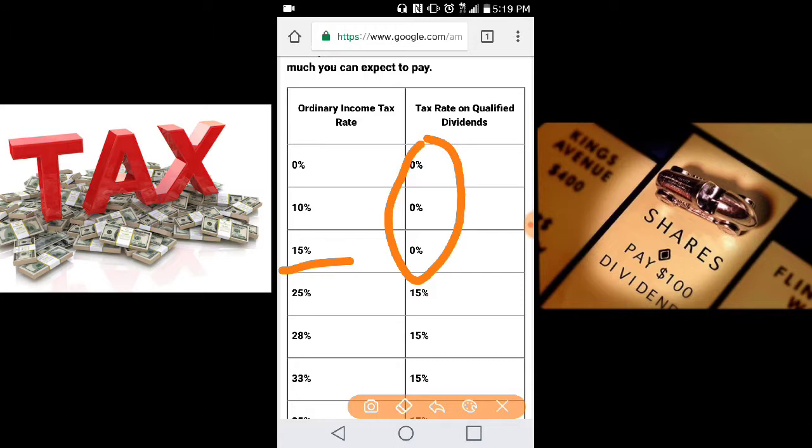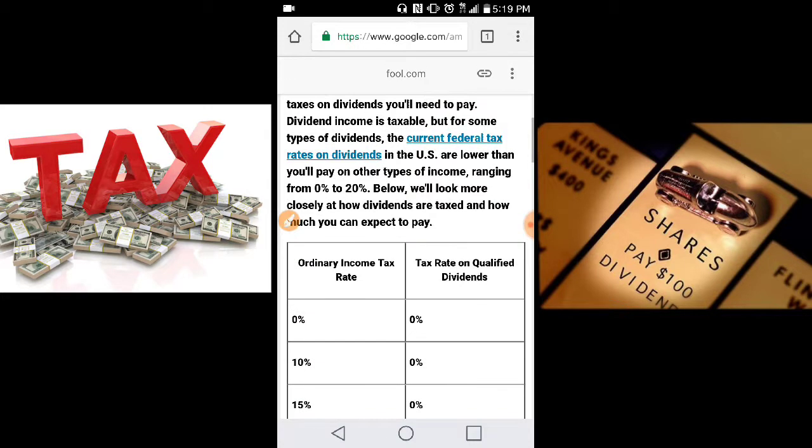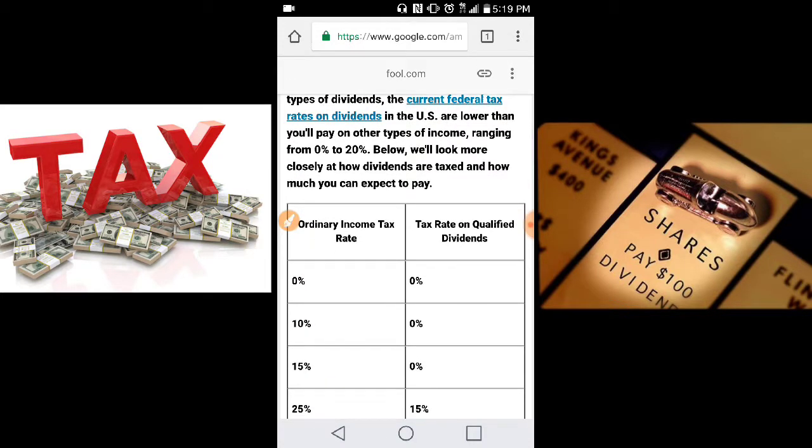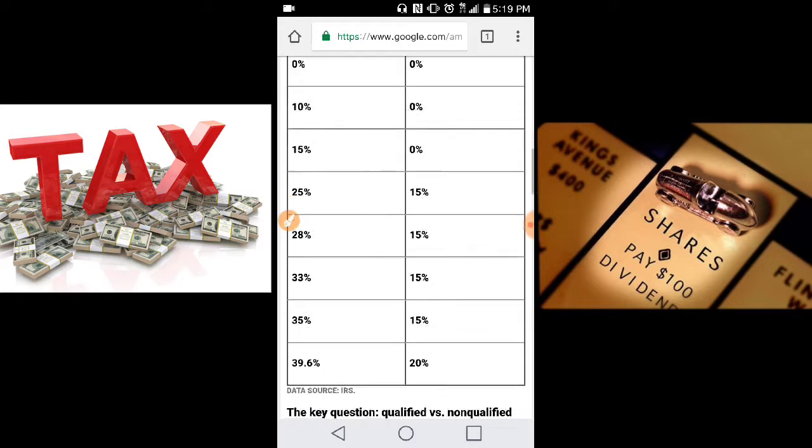So that's very tough to do. You need to have a low income, and you're most likely not going to have that many investments anyway if you're having that low of an income, but it is possible, and it's a way to encourage people with less income to hold their stocks a lot longer because they'll get rewarded with a 0% capital gains tax if they hold it for a long time.